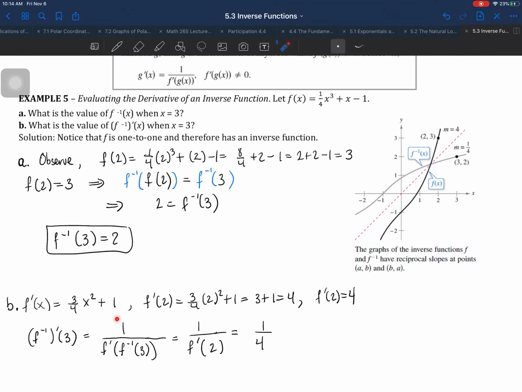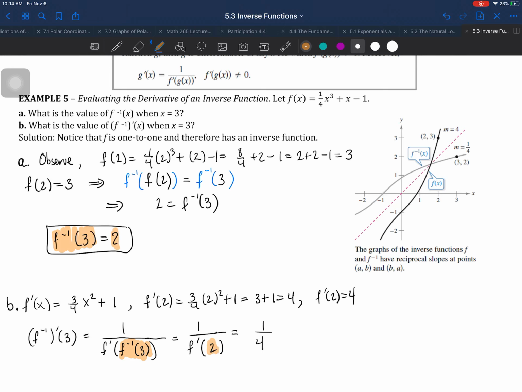We're just using the same formula here. Now we can work with this because we know that f inverse of 3 is 2, so I'm going to replace that with 2.